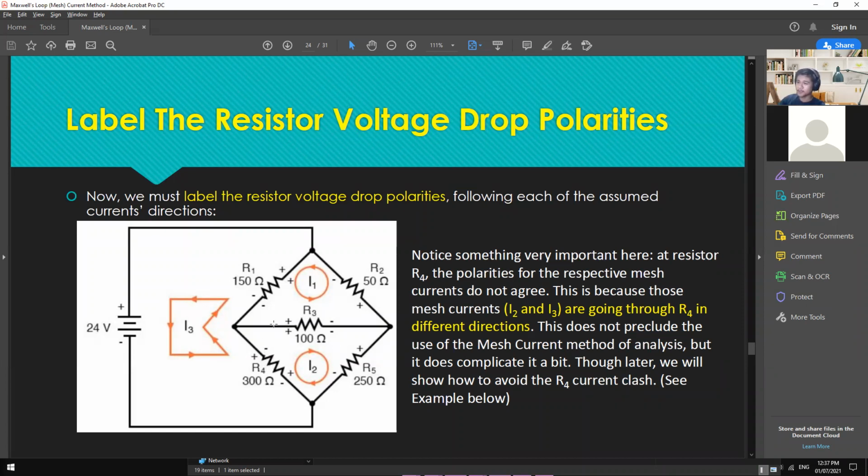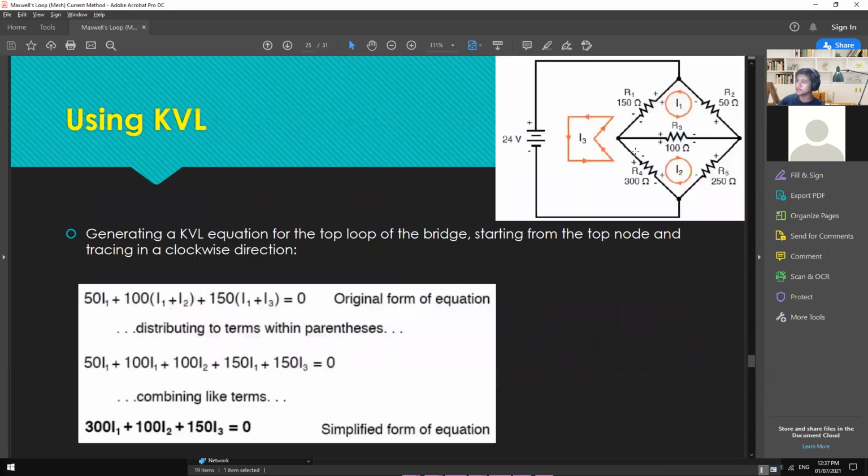So without further delay, let's start with the I1 first. So in here, it started with the R2 first, going to the R1. No, going to the R3. So R2, R3, and then R1. And in here, the one that we used is the outer sign.